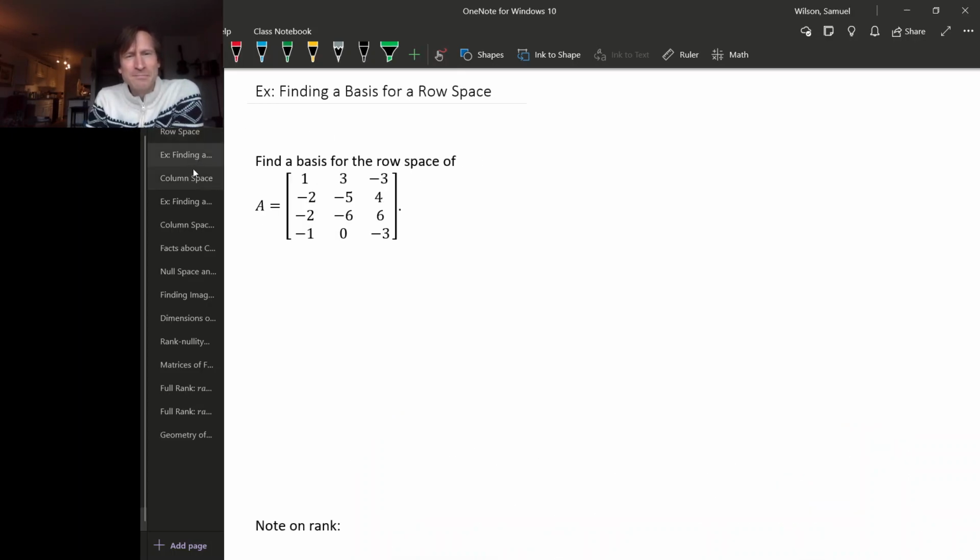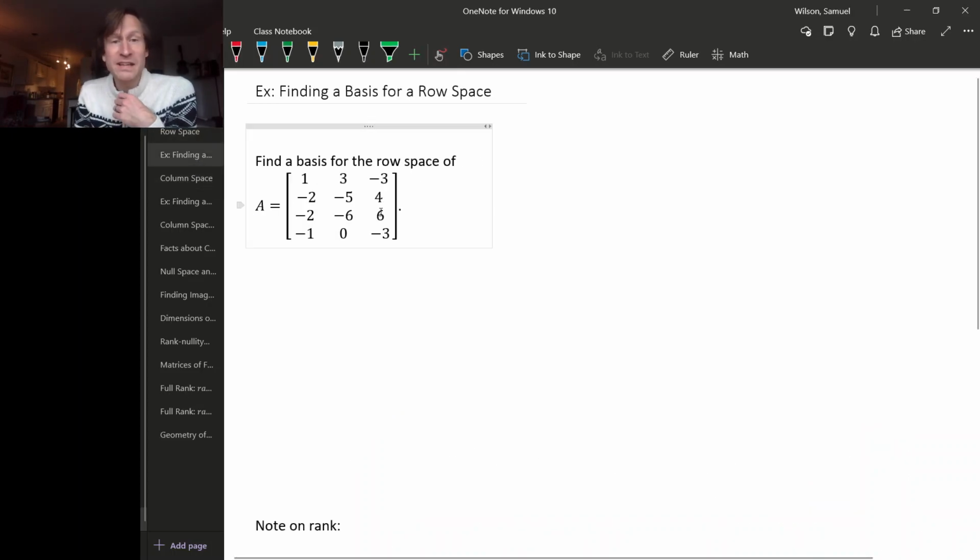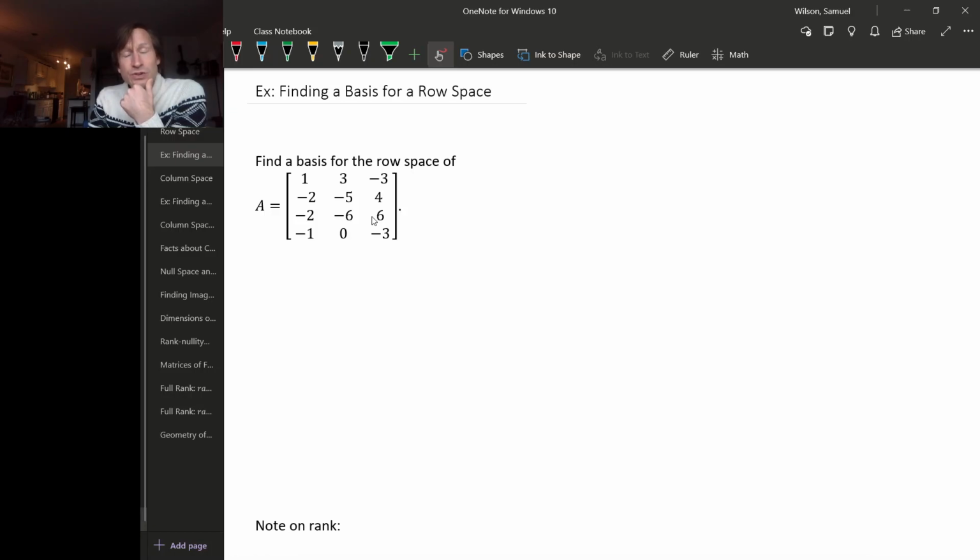Anyway, so here's a matrix. Let's find a basis for the row space of this matrix. Well, we know that if we do row operations, we won't be changing the row space of this matrix. So what can we do by doing row operations? We could reduce this matrix to its row echelon form.